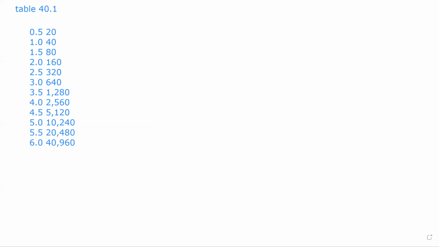So then the next thing we have to fill in is the growth rate. And the growth rate is a formula of delta N over delta T equals the growth rate.